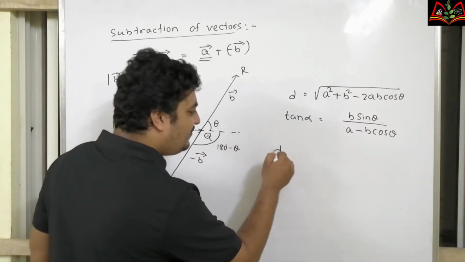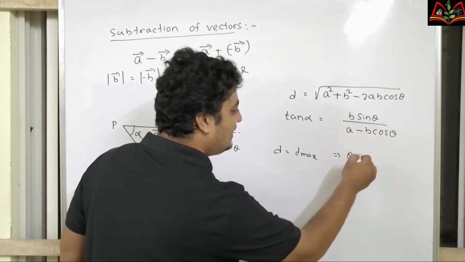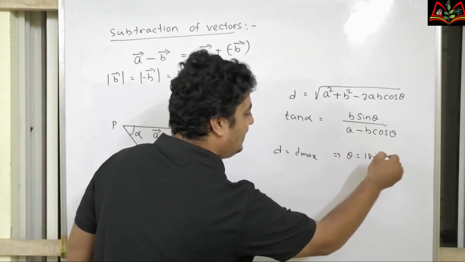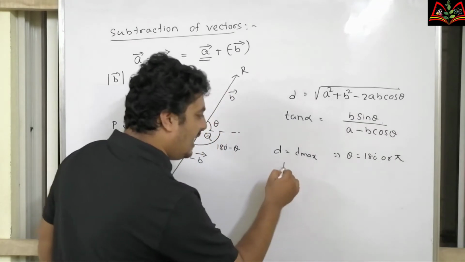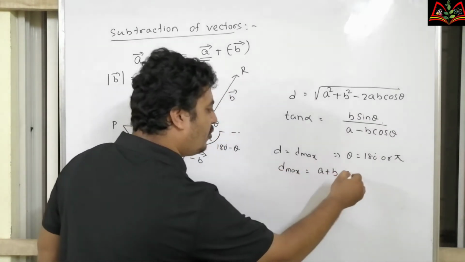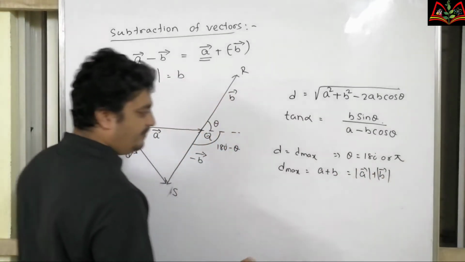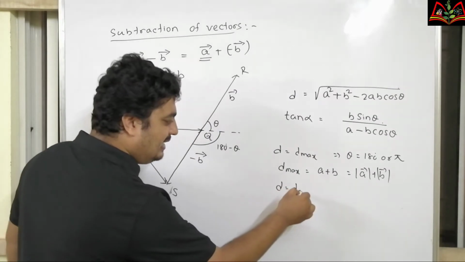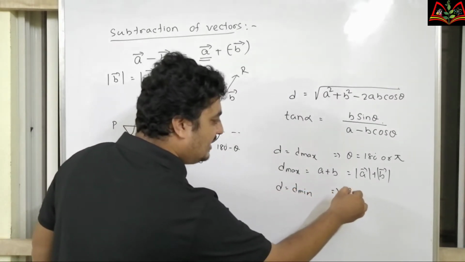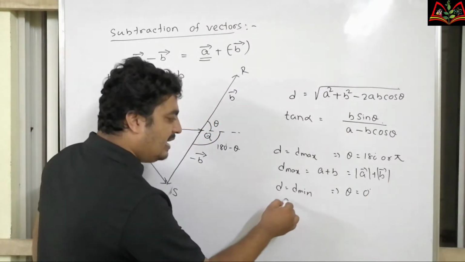So the difference will be maximum when theta equals 180 degrees or pi, and D max will be A plus B, or we can say mod of A plus mod of B. Like that, D is minimum when theta equals 0 degrees, that means the vectors are parallel.